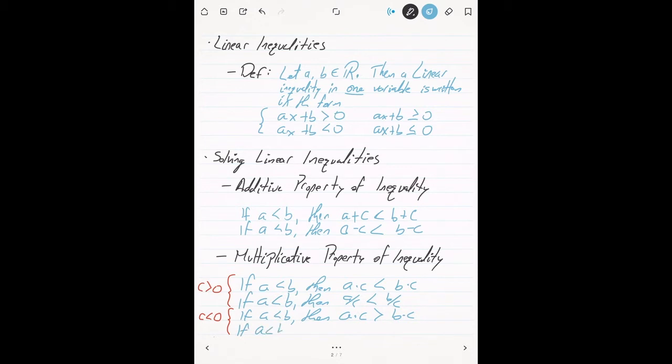If you have some inequality, like here A is less than B, then if you divide both sides by something C, and that C again is negative, you again reverse the inequality, okay? This is called flipping the sign. If you add, subtract, multiply, divide, you always preserve the inequality, except when you multiply or divide by a negative. If you multiply or divide by a negative, you have to flip the sign, okay?